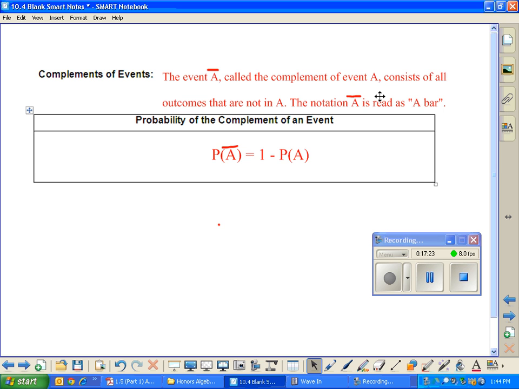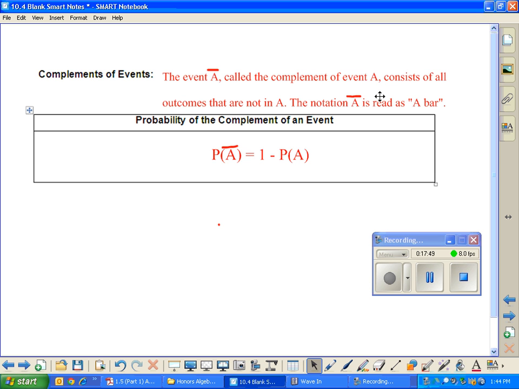The second piece of information that you are going to write down is the probability of the complement of an event, how we find this probability. The probability of the complement of A, we'll say, is 1 minus the probability of A. Why are we subtracting the probability of A from 1?